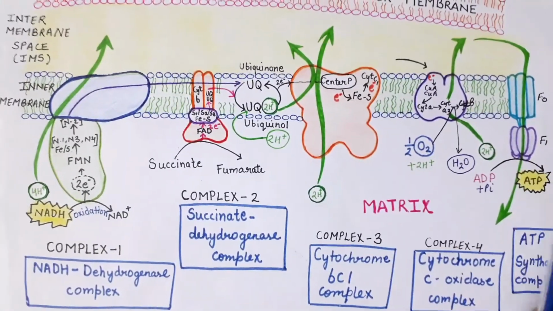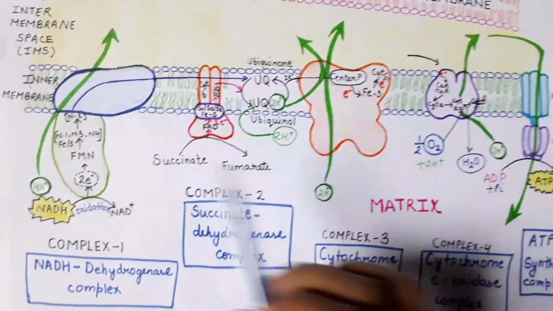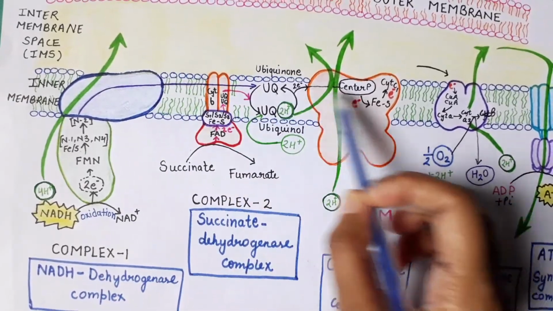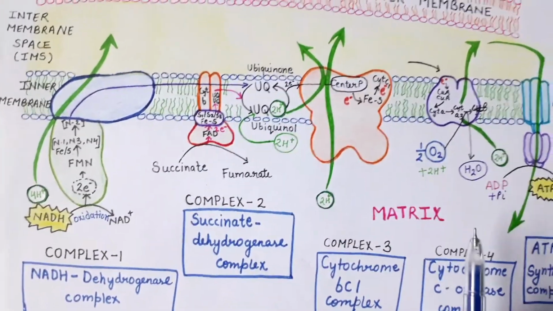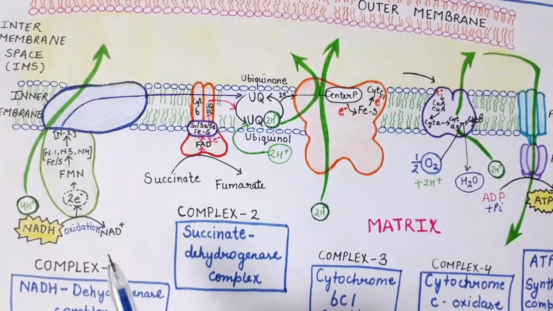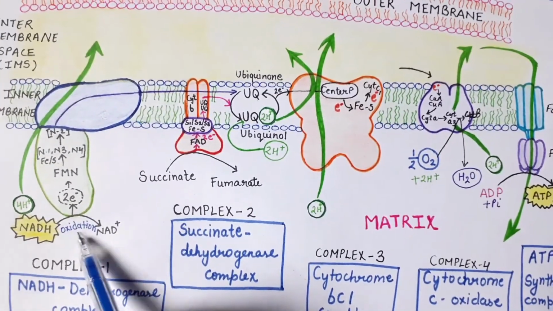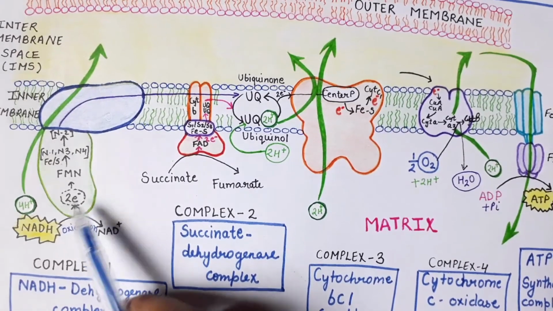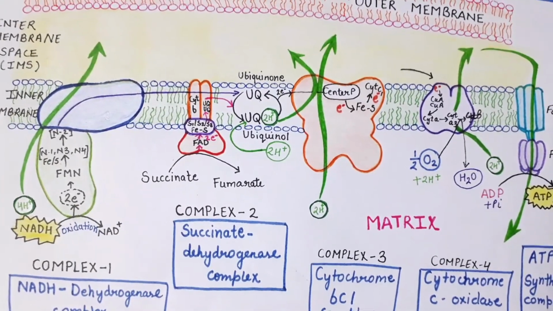The formation of ATP is coupled with the transfer of electrons through a series of chain. In oxidative phosphorylation, NADH and FADH2 are oxidized, that is, there is loss of electrons from NADH and FADH2.